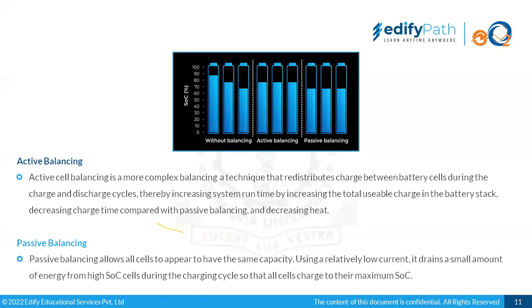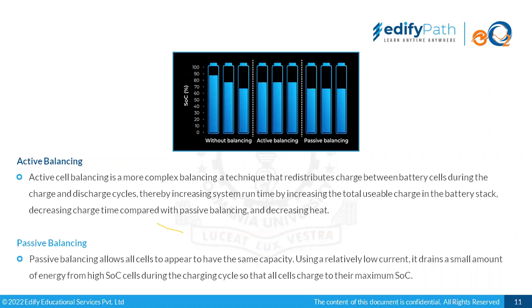So both active and passive balancing are the methodologies adopted for balancing of the battery. To be very precise, these methodologies are only for a very small percentage of error, and this would be taken care of by the BMS only.